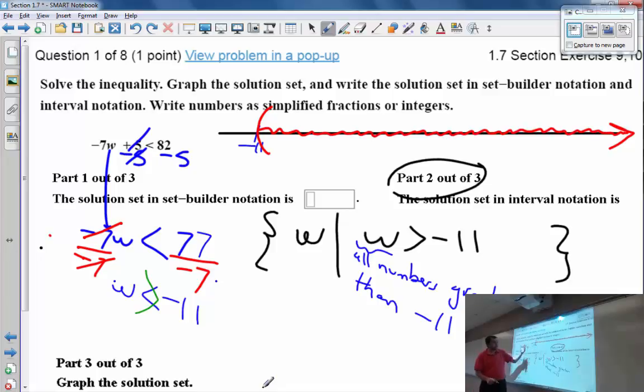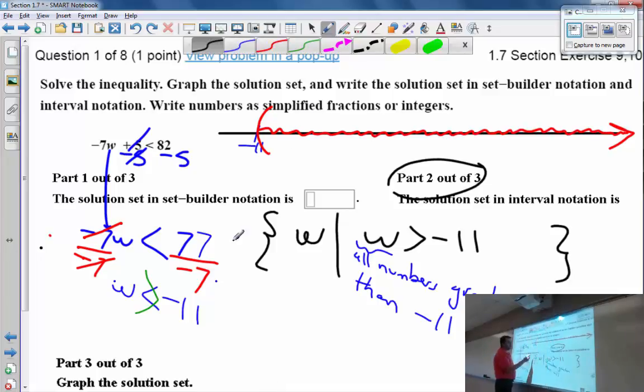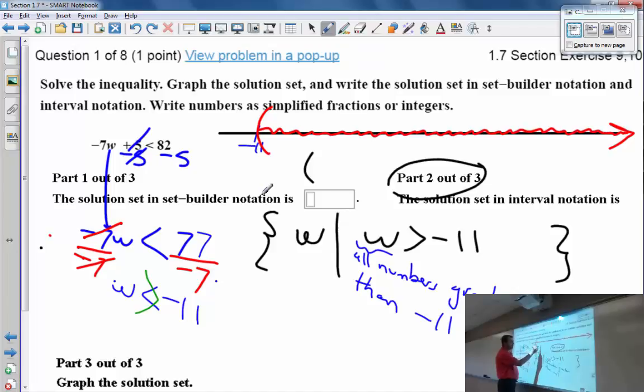On the far left, that's the first piece of your interval notation. So my interval starts with this parenthesis and minus 11. And usually ends with another parenthesis or bracket, but I have nothing on that end. If I have nothing, what is it then? It's infinity.